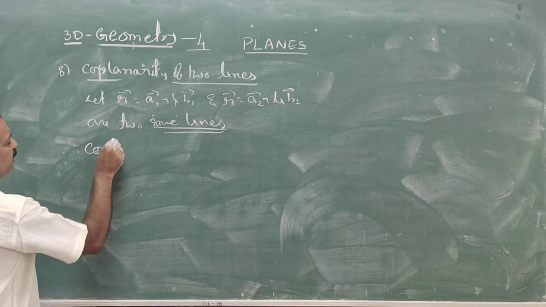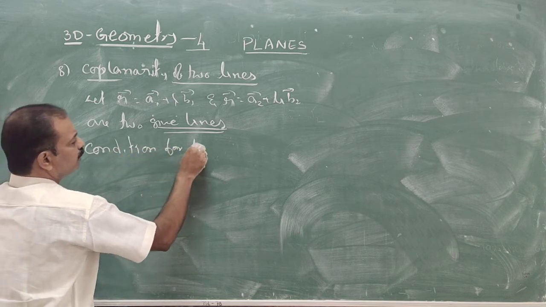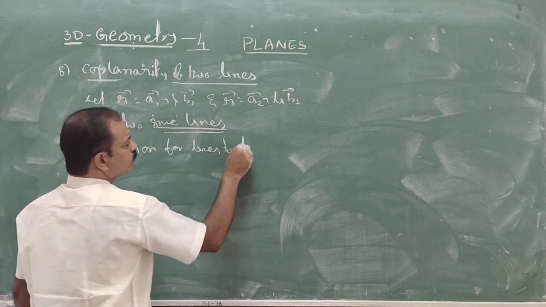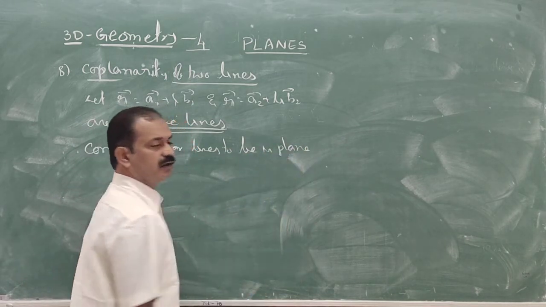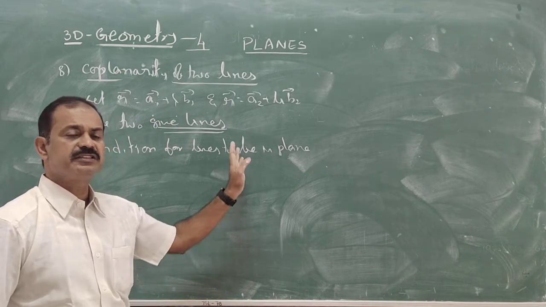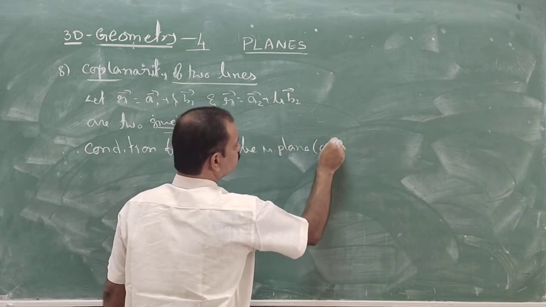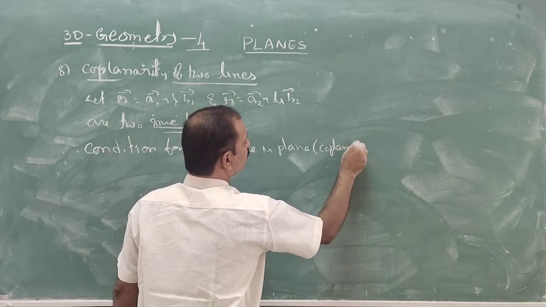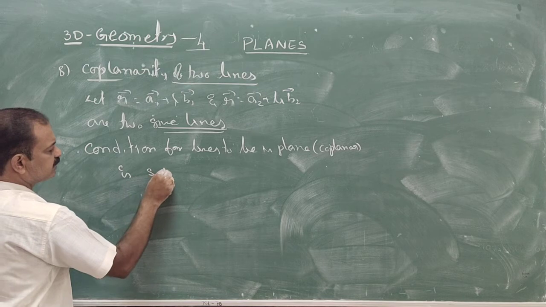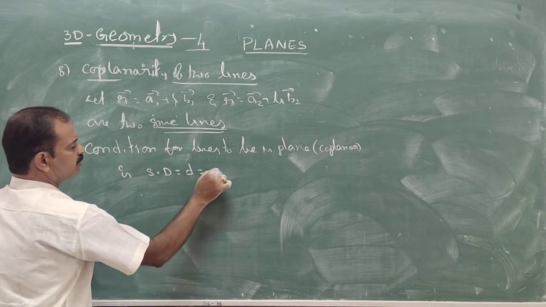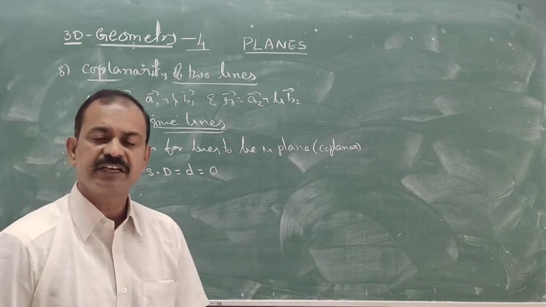The condition for the lines to lie in the same plane, or in other words coplanar, is that the shortest distance D must be equal to 0. What is the shortest distance?